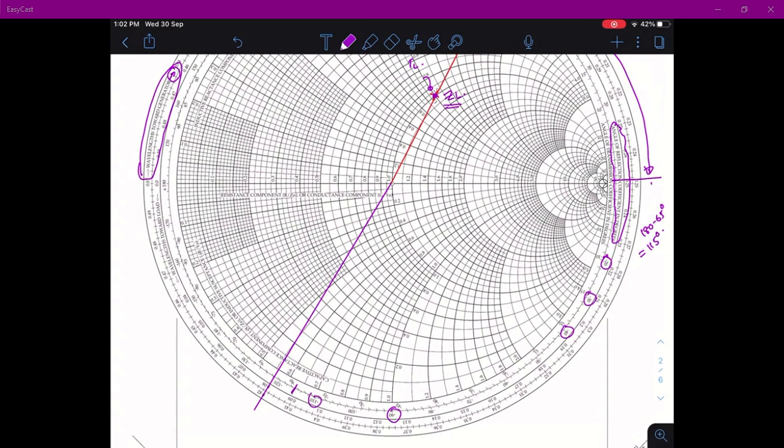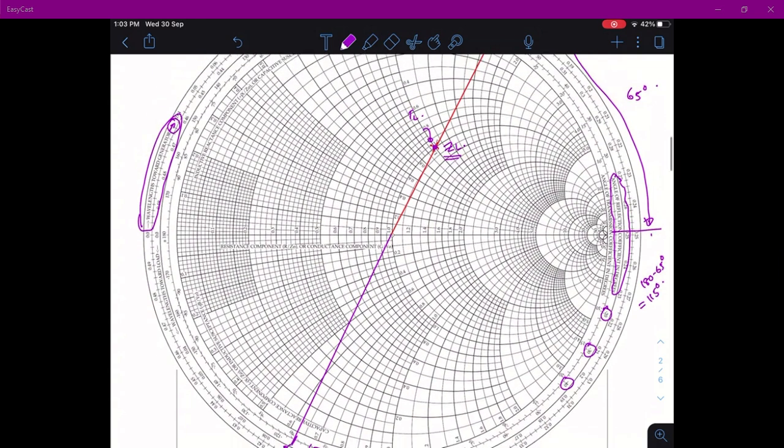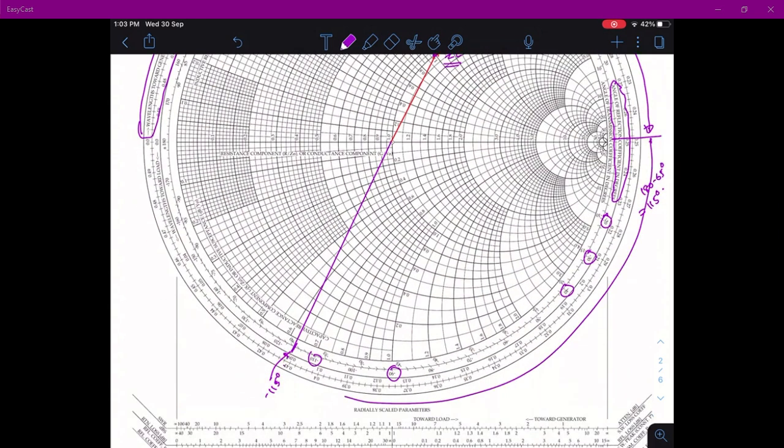Okay, so I'll draw it a bit more straight. So this is the point 1 minus 115 degree, which means you have traversed 65 degree here and 115 degree here. So total is 180 degree.